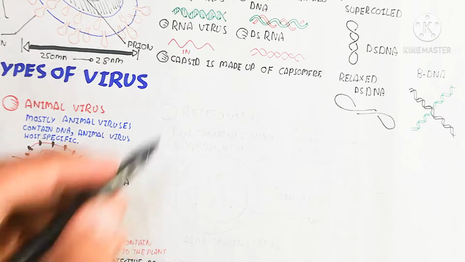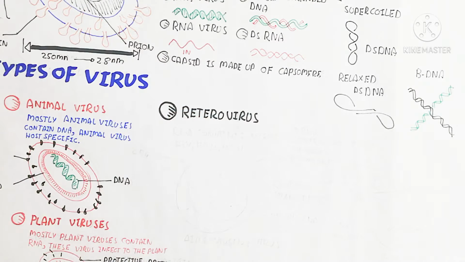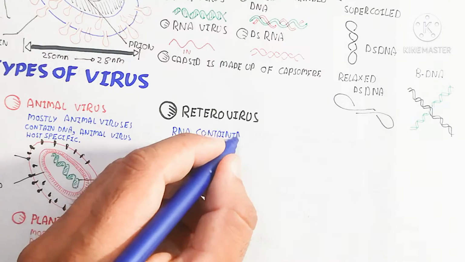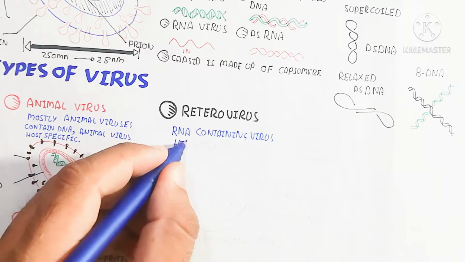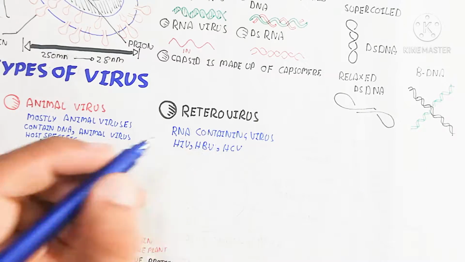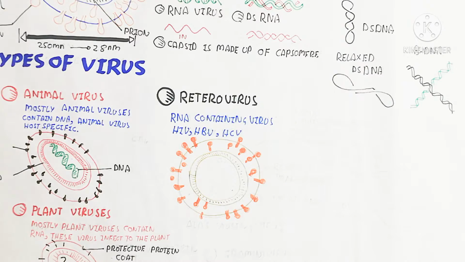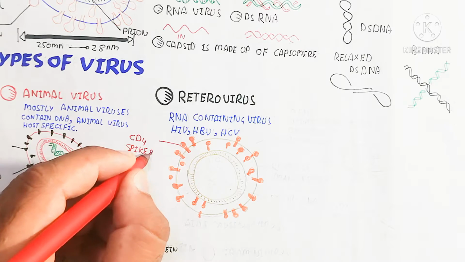Next is the retrovirus, which we will discuss in this diagram. The retrovirus infects humans. It does not infect apes, because they do not contain the CD4 molecule on the T lymphocyte.